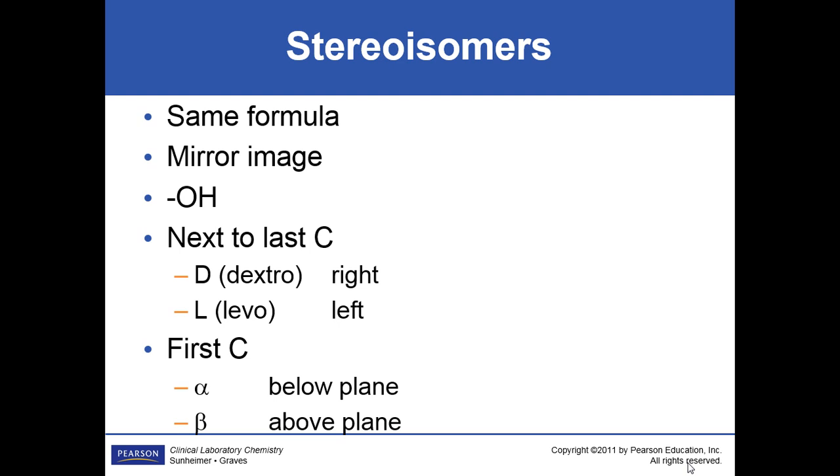Those are the opposite. So we can put both of those. You can categorize if it's on the left or right and top or bottom. Okay? So you could have an alpha L hexose or glucose. Okay? And that's important when we go to our assaying to know it's a glucose, but it's this particular stereoisomer.